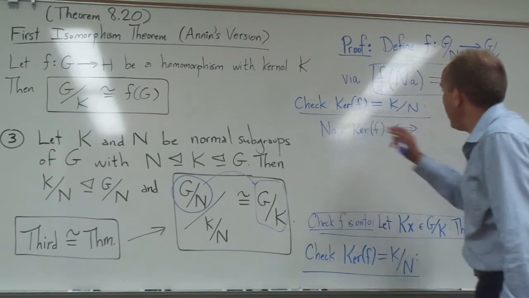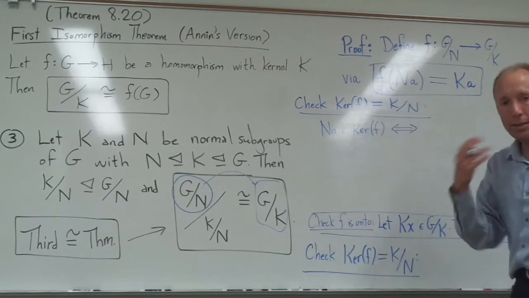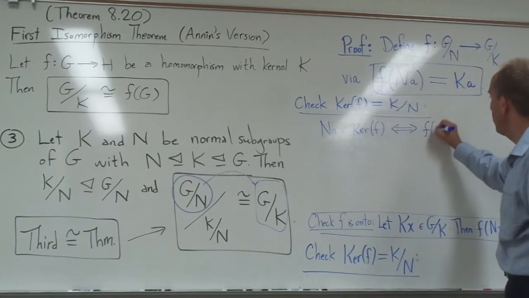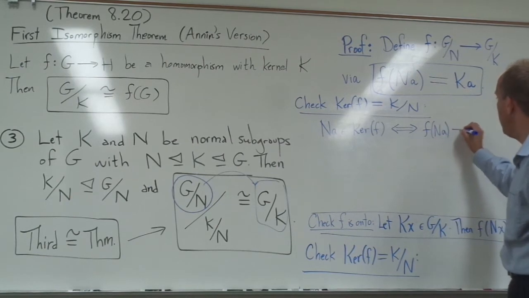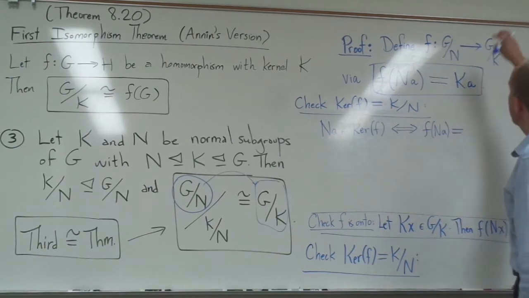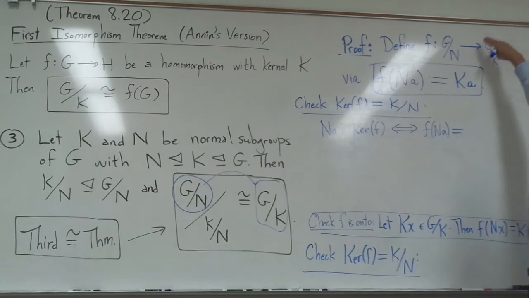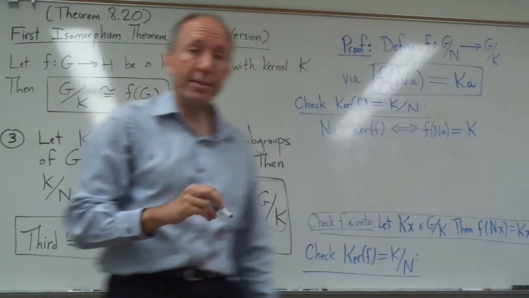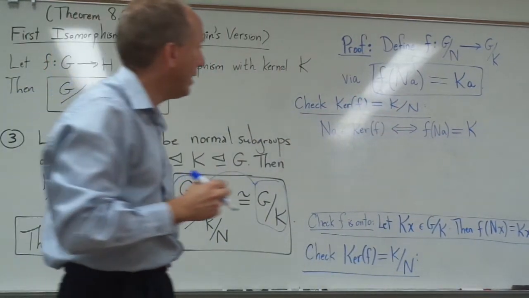So if Na is in the kernel of f, what does that mean? Well, that means if you apply f to Na, you're supposed to get the identity element of the codomain. Of all of these cosets, of course, the identity coset is just K itself, or Ke, if you like.